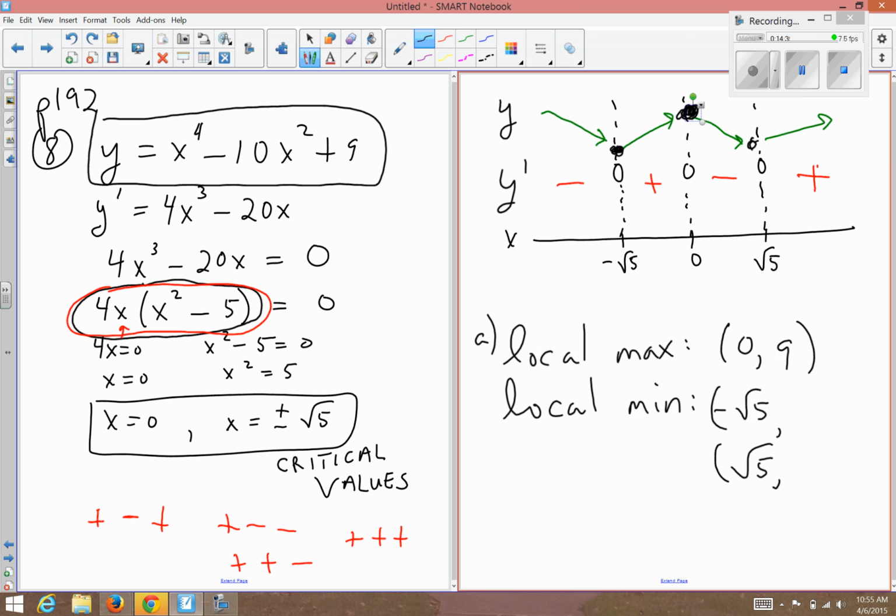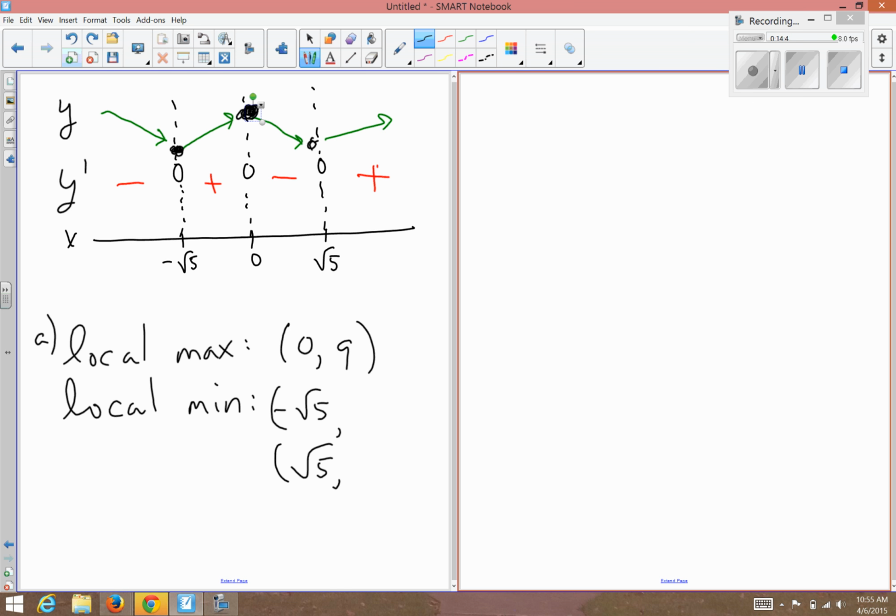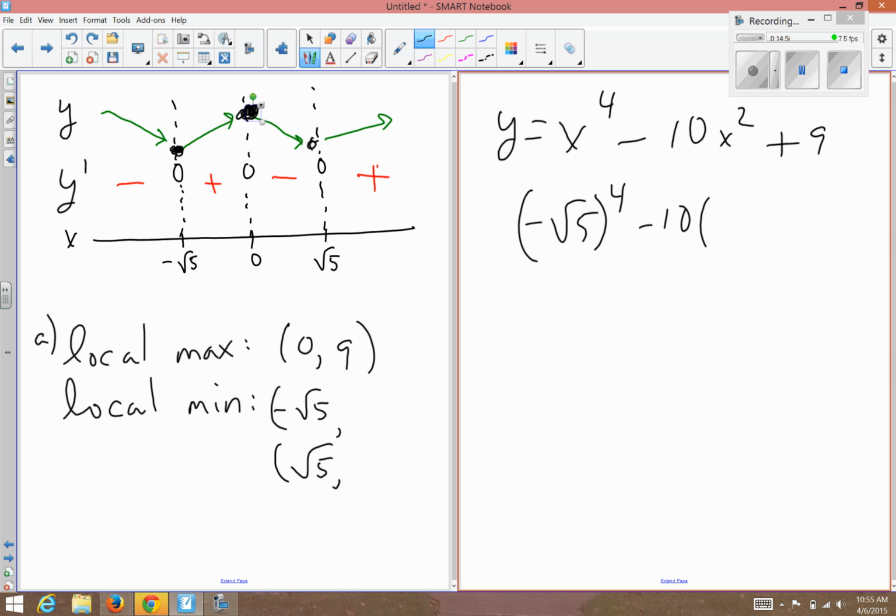So we're going to calculate the y's without a calculator. We know that y is x to the 4th minus 10x squared plus 9. So we're going to take the negative square root of 5 and raise it to the 4th power, minus 10 times negative square root of 5 to the 2nd power, and then add 9.